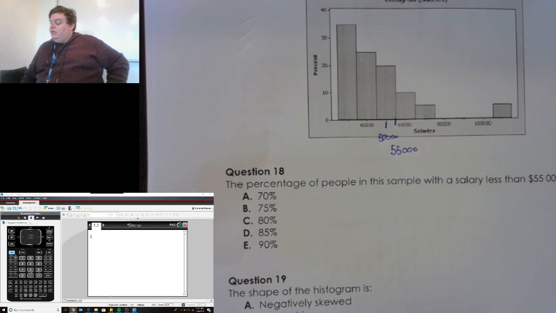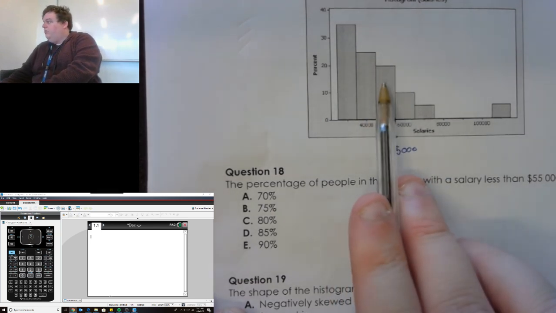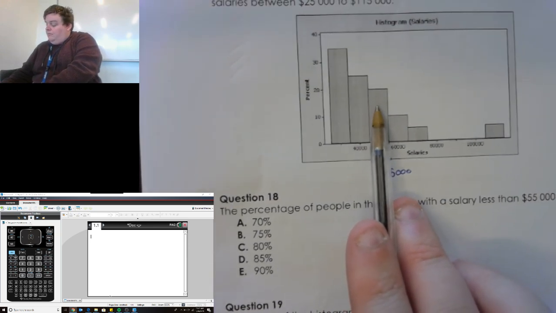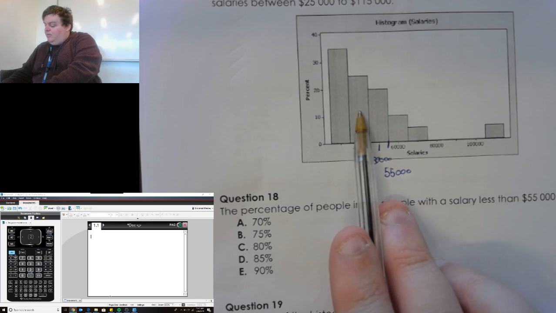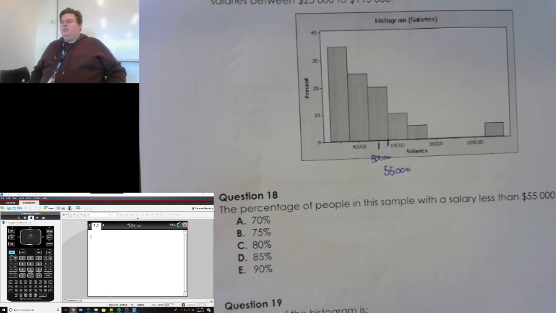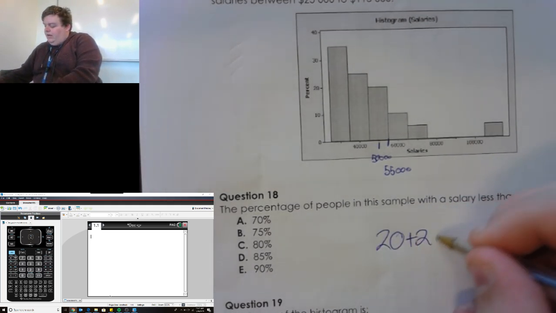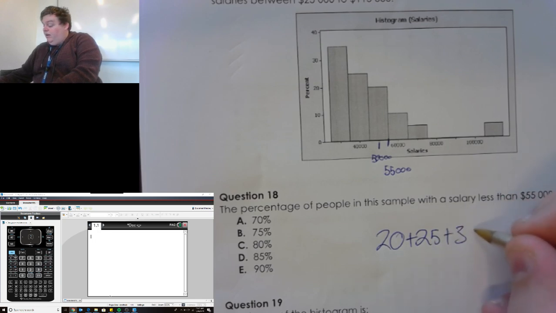So if it asks what percentage of people in this sample had a salary less than that, we would just add them up. So we've got 20%, and that's probably about 25%. That's probably about 35%. So what's that? 20 plus 25 plus 35. It's like 80, I think, roughly.